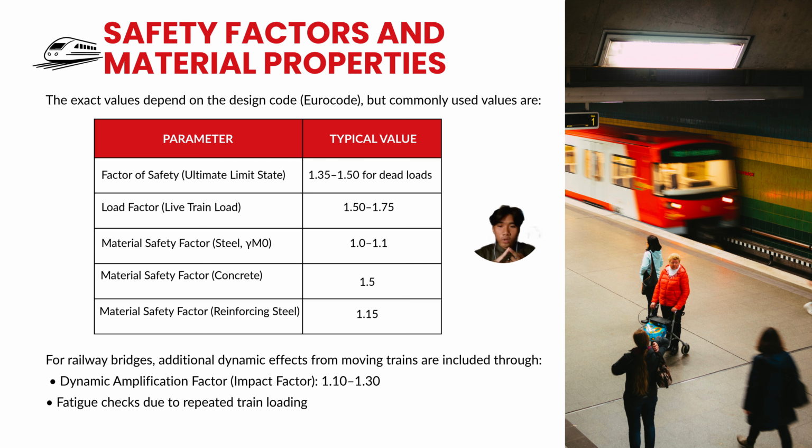The material safety factor for concrete is 1.5, and the last one, the material safety factor for reinforcing steel, has a typical value of 1.15. For railway bridges, additional dynamic effects from moving trains are included through dynamic amplification factors, or impact factors.